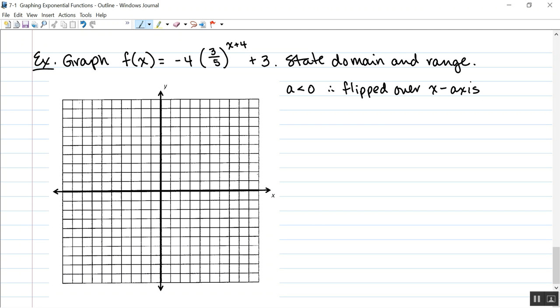The absolute value of a is greater than 1, so that means that this is going to be stretched. And that's all because a is equal to -4. My base is 3/5, so that means I'm going to have exponential decay.